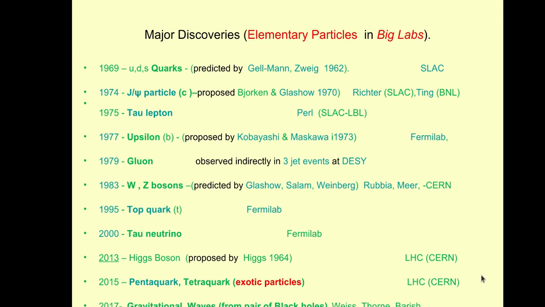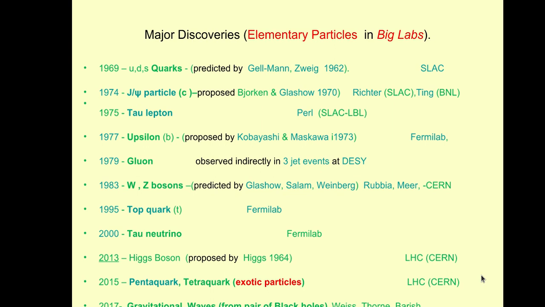Then one typical particle, the Higgs boson, which was proposed by Higgs in 1964 in order to provide mass to all the particles, was formally observed at the Large Hadron Collider at CERN, Switzerland, around 2013.